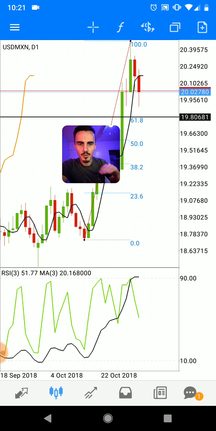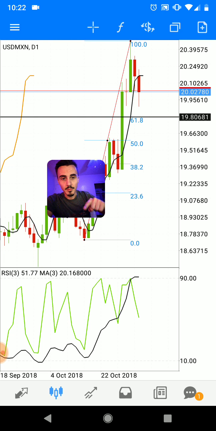Now, if it goes to 38 and bounces back, it can continue up, but most likely not with a lot of momentum. Depends on what chart you're on, really, so that gets more complicated. But if it comes down to 38 and goes a little bit below, it means it's most likely continuing down.